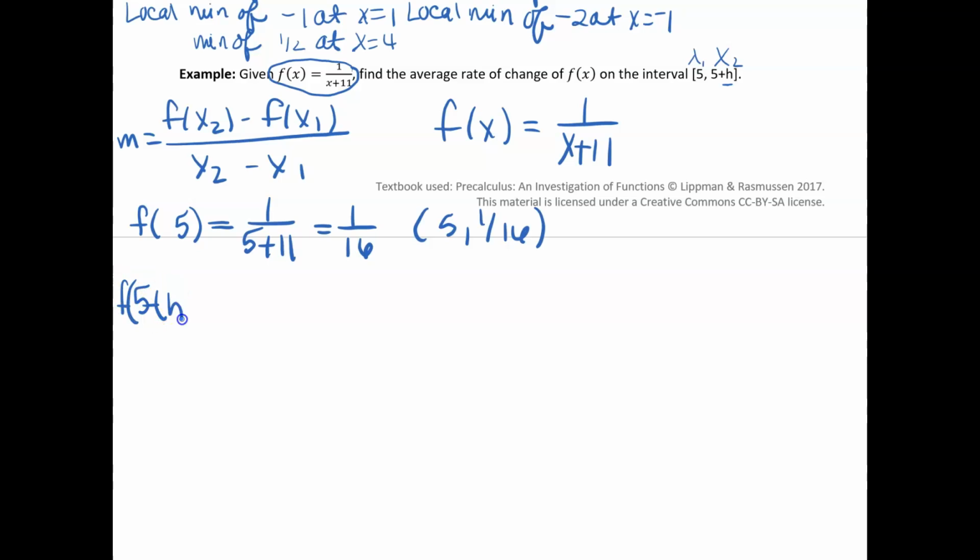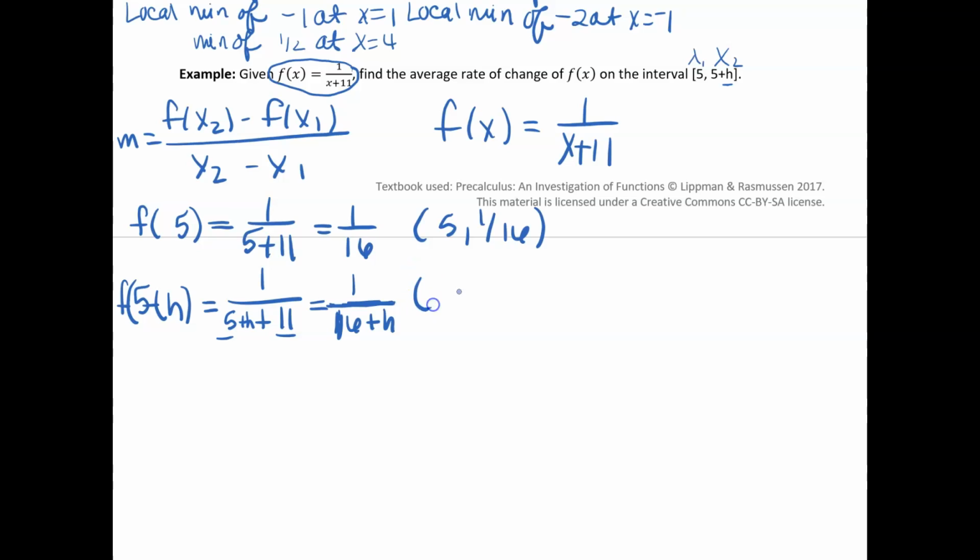And then I would find f of 5 plus h. So that means I'm going to write my function, and everywhere I have an x, I'm going to plug in 5 plus h. Now simplifying that up, the 5 and 11 will still go together, so it gives me 1 over 16 plus h. And this is kind of alluding to something that we're going to do as we progress and as we move into another course, so I want to make sure that I threw that in here.